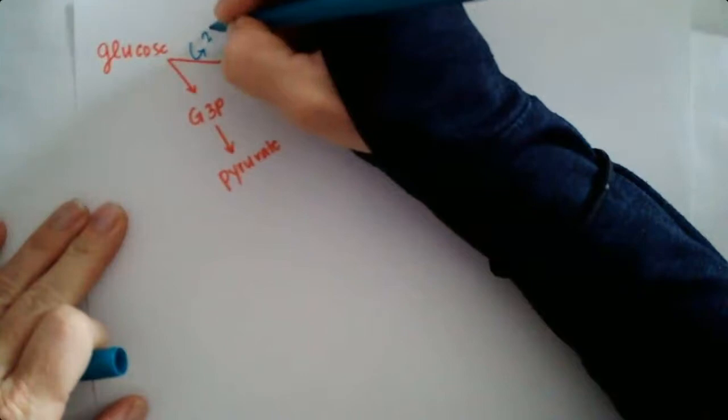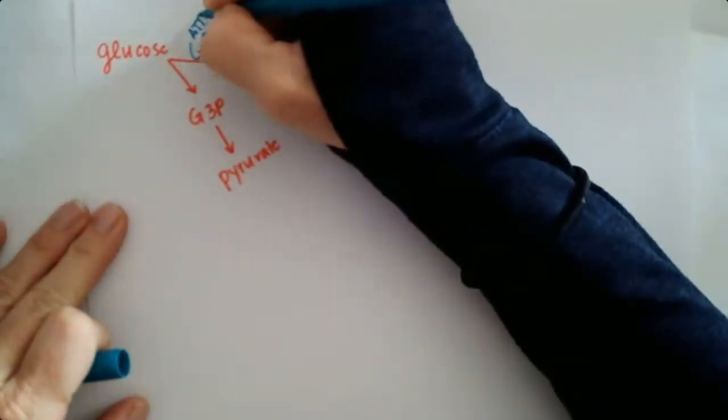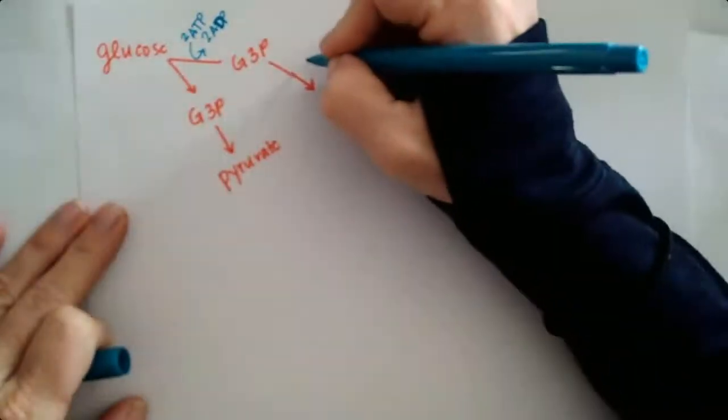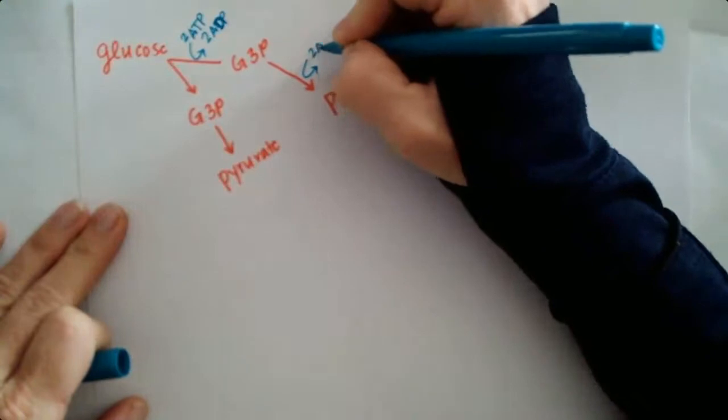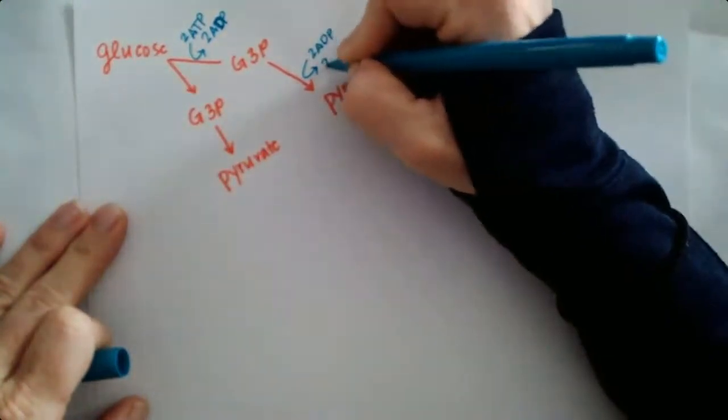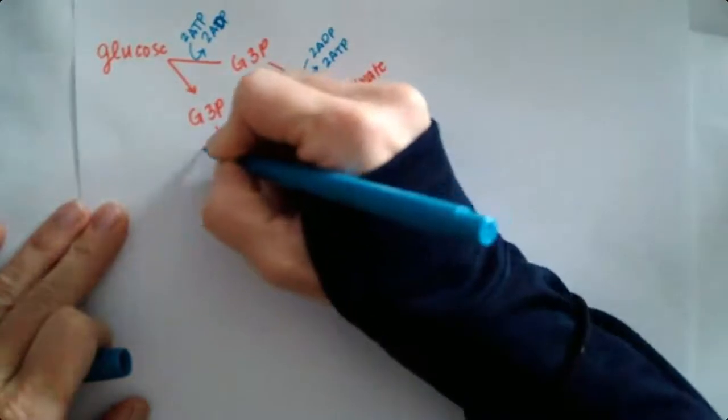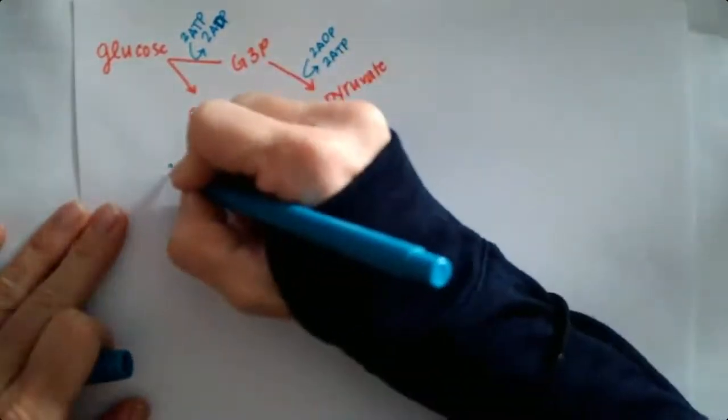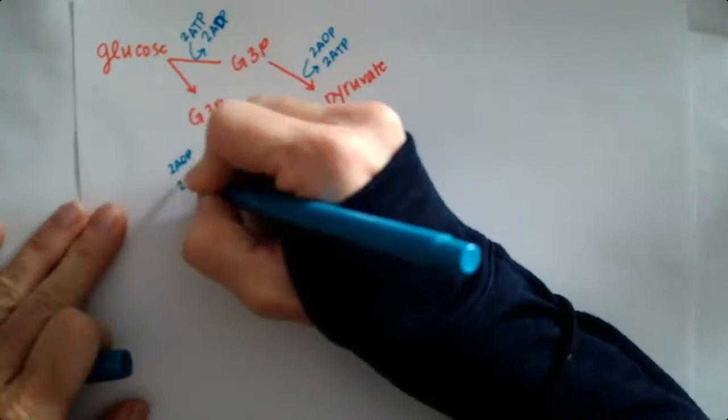This process uses 2 ATP and creates a total of 4 ATP. Meanwhile, the same process produces 2 NADHs, one on each side.